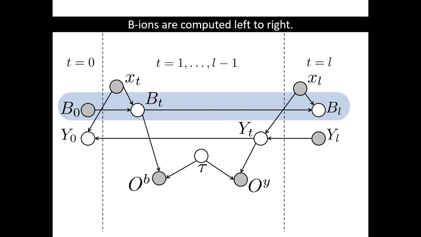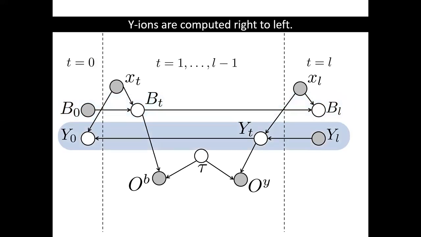The b's correspond to the sequence of b ions for a given peptide, where the b ions are computed from left to right. Similarly, the y's correspond to the y ions, which are computed from right to left and correspond to suffix masses.